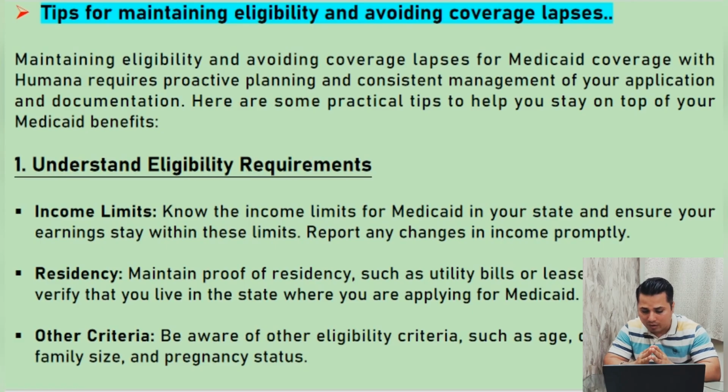Maintain proof of residency, such as utility bills or lease agreements, to verify that you live in the state where you are applying for Medicaid. Other criteria. Be aware of other eligibility criteria such as age, disability status, family size, and pregnancy status.